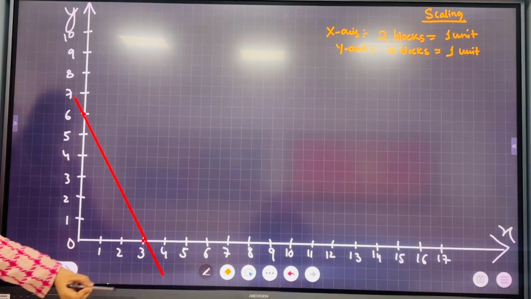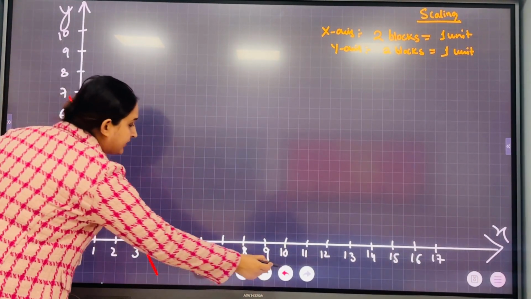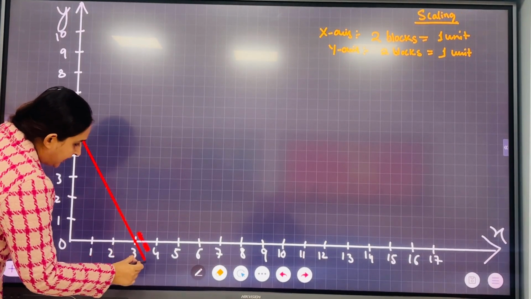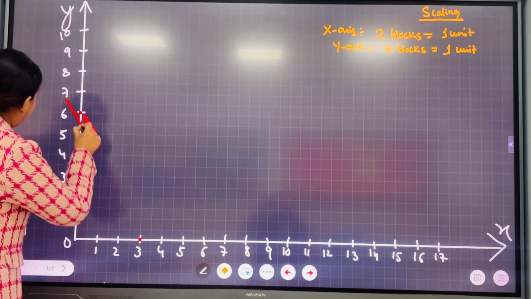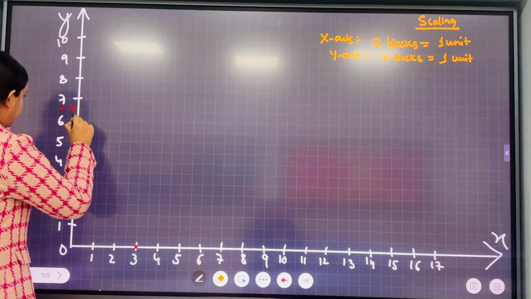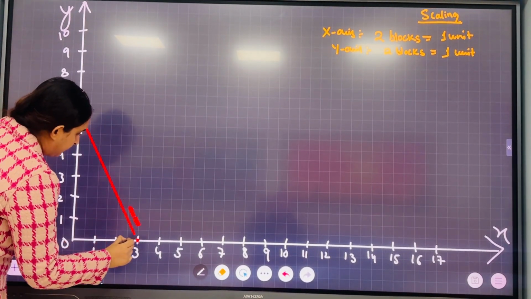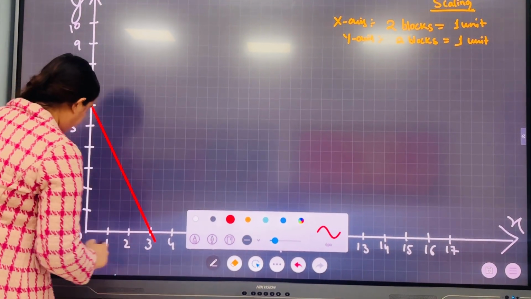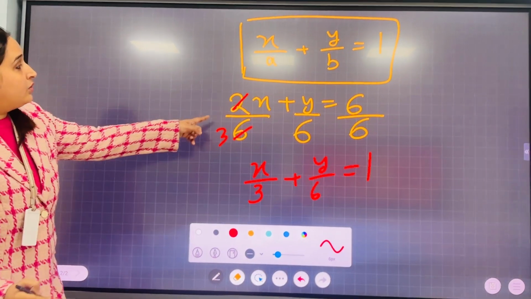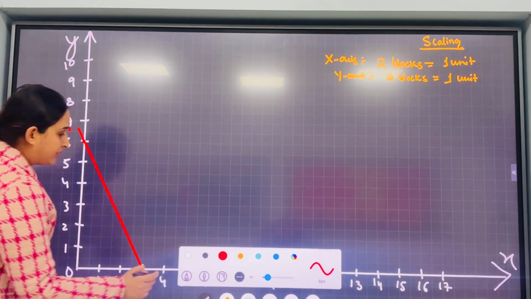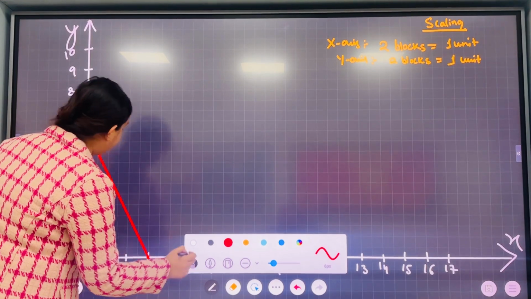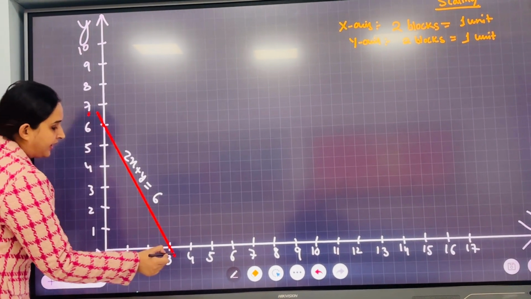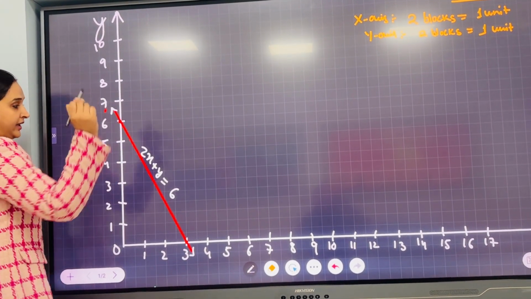This is the line which is passing through 3 and 6. It's not perfectly drawn, but we can try again. Yes, that is correct. So this is the line of the equation 2x plus y equals 6, and we can extend it in both directions.